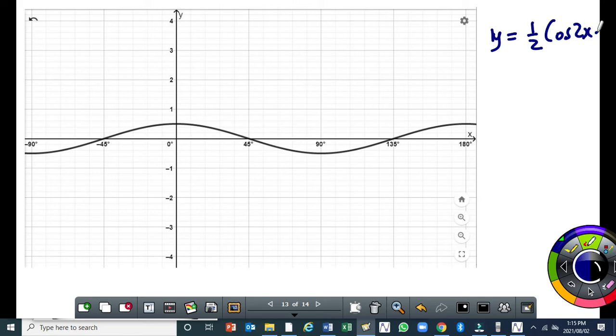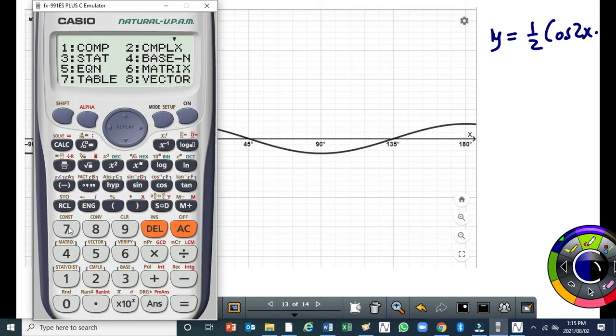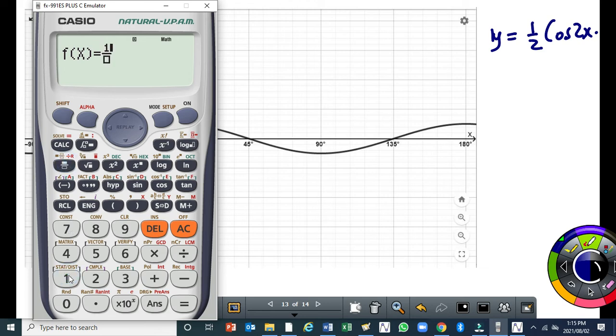Let me show you how to put that in the calculator. We're saying f of x equals a half, 1 over 2, times cos 2x, so that will be 2 alpha x.